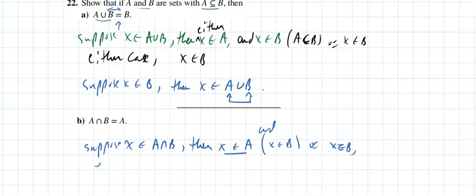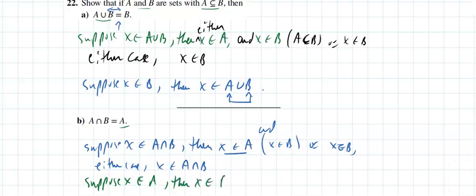So in either case, X belongs to both A and B. Now, if you go the other way, suppose X belongs to A. Then X belongs to B as well, since A is a subset of B, and hence X belongs to A intersect B.